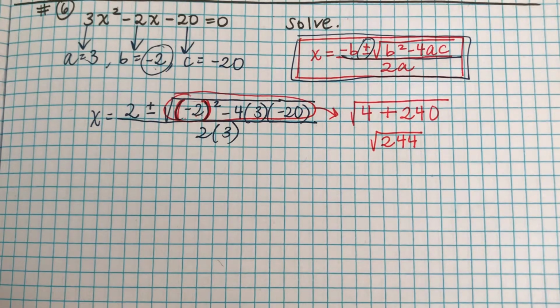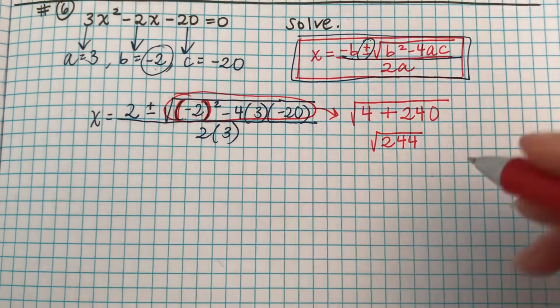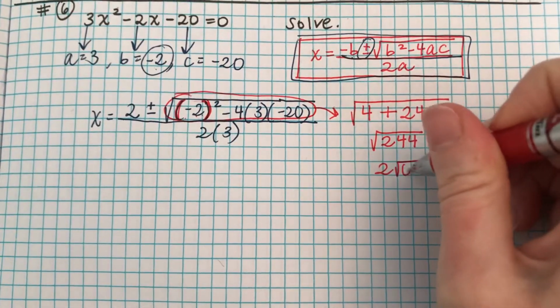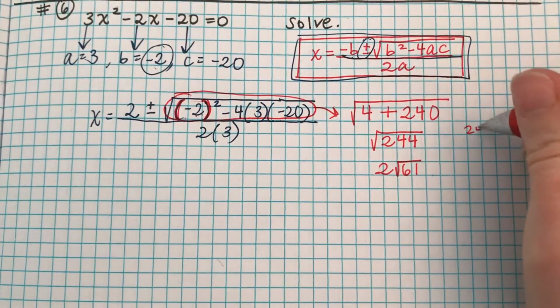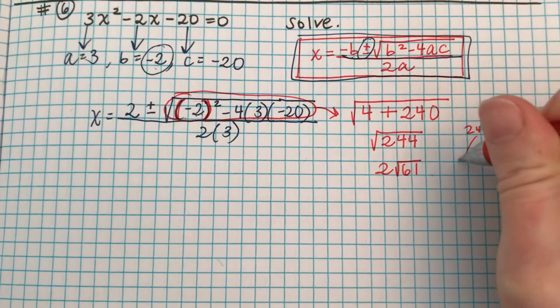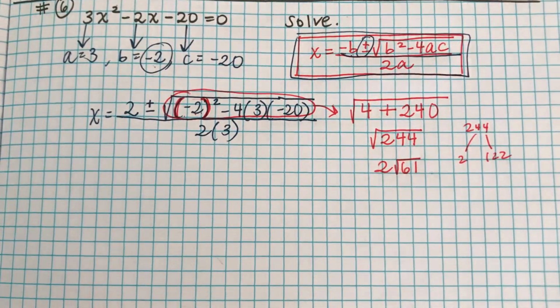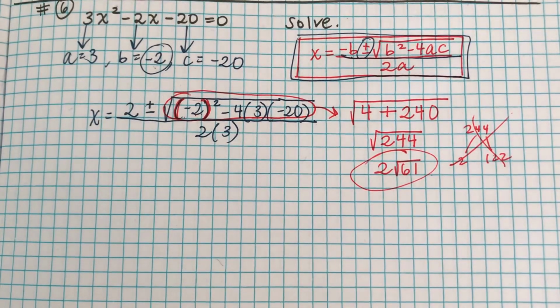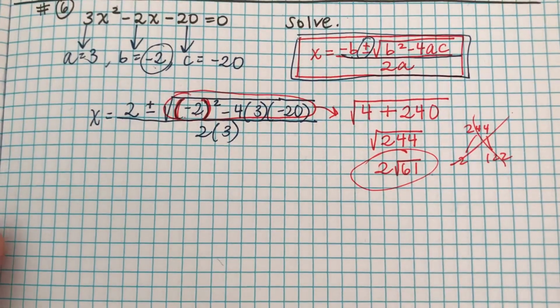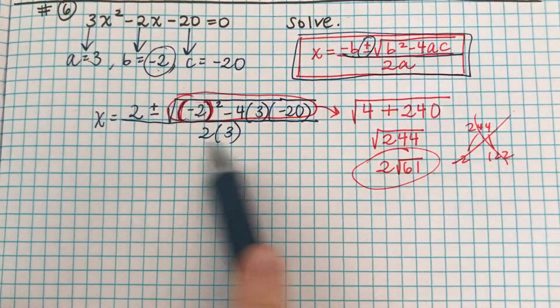Let's see if that simplifies. Just going to use my calculator there, it does. It simplifies to 2 times the square root of 61. You could have come over here and done the proper surd simplification, but just to save time, I'm going to quickly go for that. Moving forward, I'm going to go back to this.